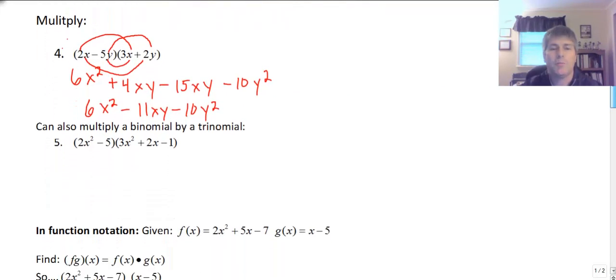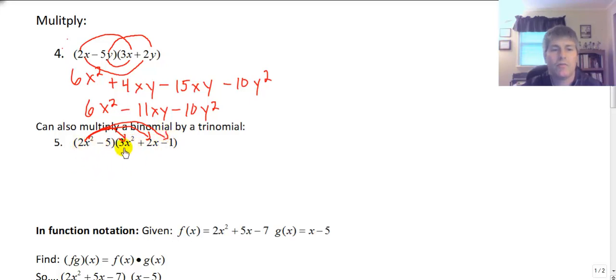We can also multiply a binomial by a trinomial. Now we don't FOIL this, but we do have to systematically set this up. I'm going to multiply the first term in the binomial times every single term in the trinomial.